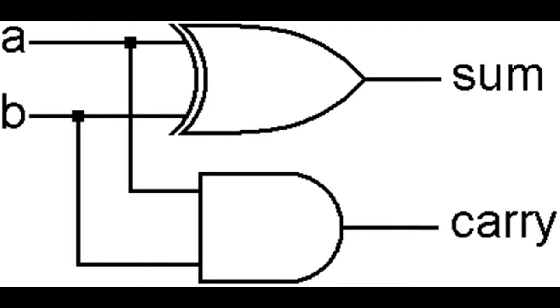And if A and B are both 1, then you will get a sum of 0, and you will have a carry to bring over to the next column of numbers. So the carry is handled by the AND gate at the bottom, which will return true if both A and B are true, then we will have a carry.